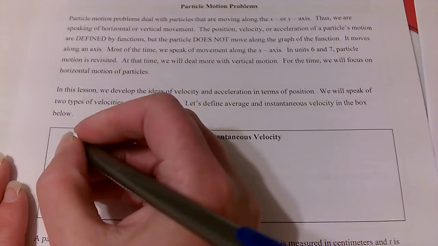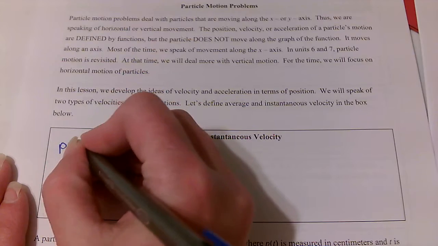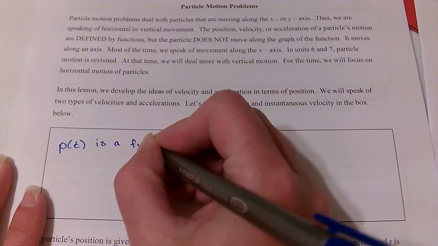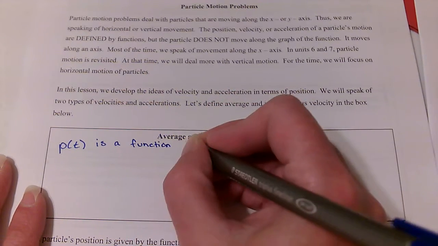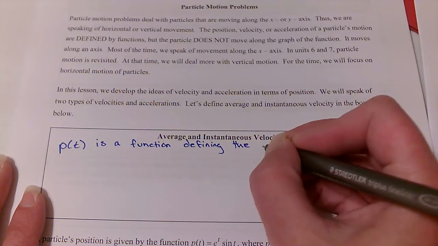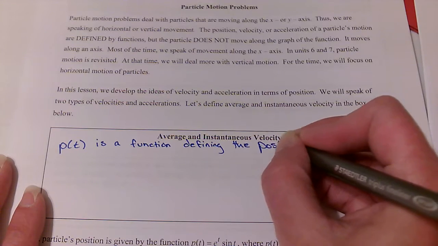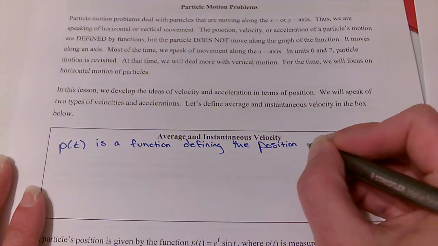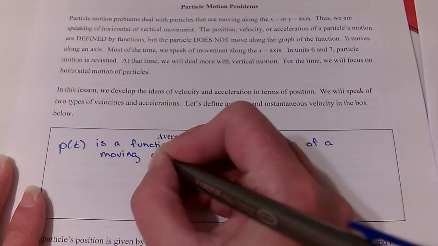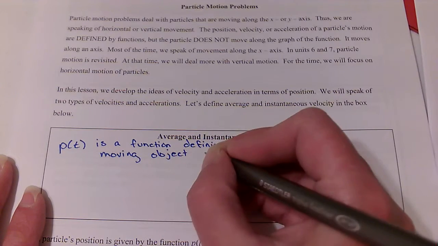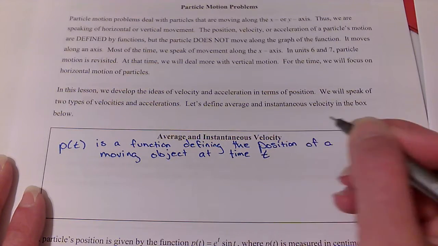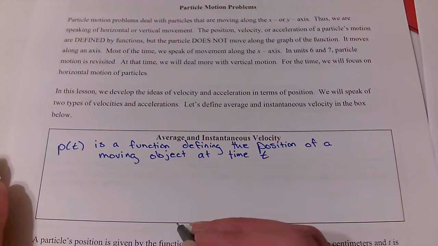Let's suppose that P of t is a function defining the position, P for position, of a moving object at some time t. So it's going to give us this position along the x-axis.